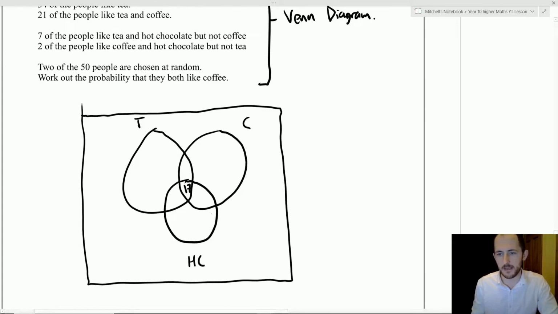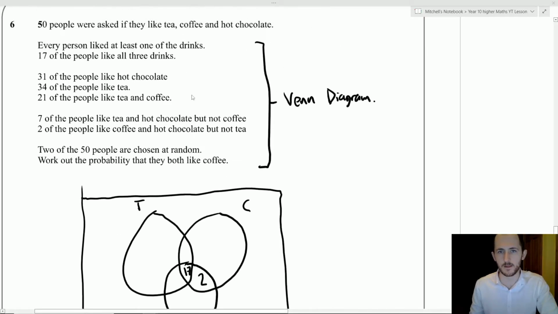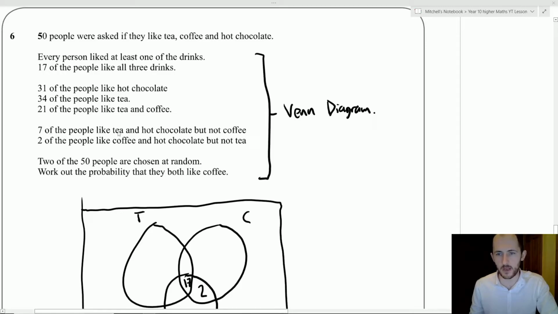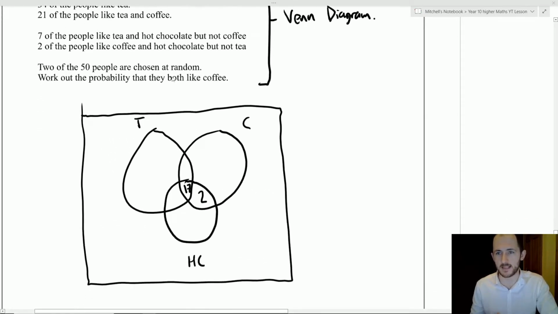So that would be this intersection over here, which is 2. Okay? Then 7 people like tea and hot chocolate, but not coffee. So they like tea and hot chocolate, so that'd be 7 over here. So far, is that okay?